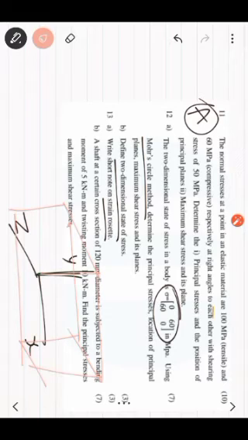I am having one strain gauge at this end, one at this end, and one at this end. Using this you can resolve and find out the stress along x, y and z based upon the strain, that is the change in length, the reading that is given.